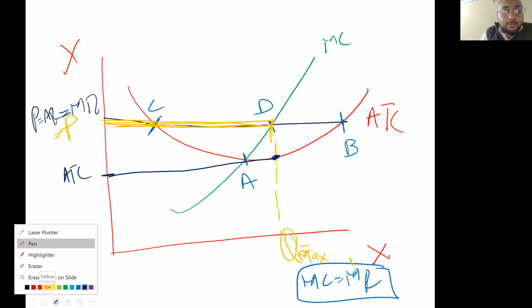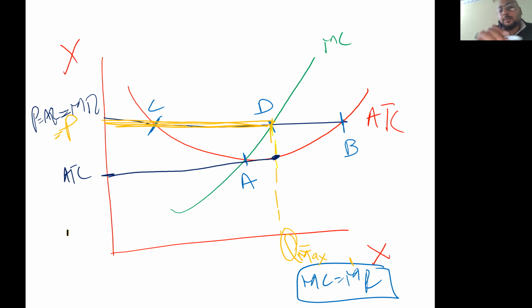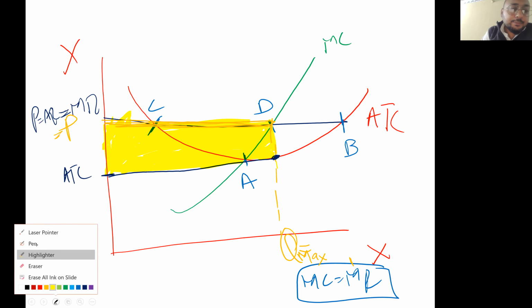We talked about that: profit is equal to price minus average total cost. So this area below the price line, above the average total cost, is called profit.